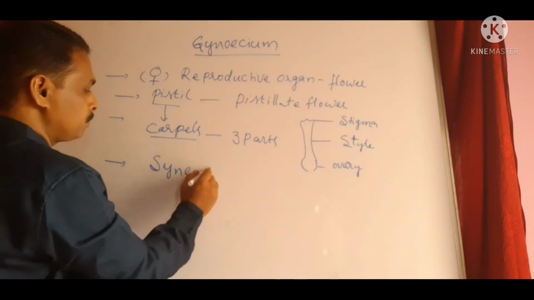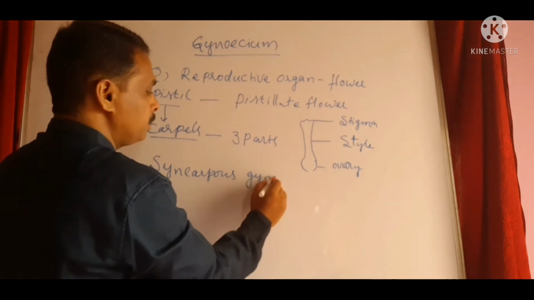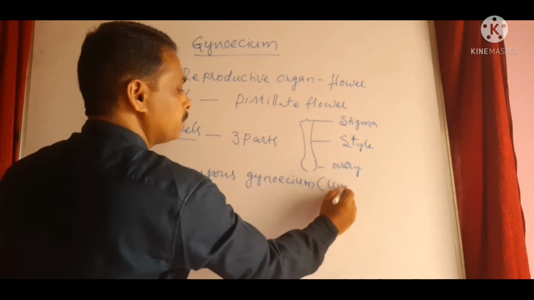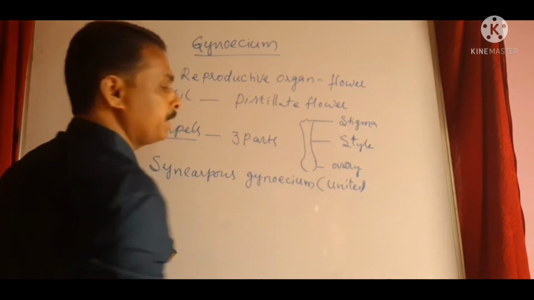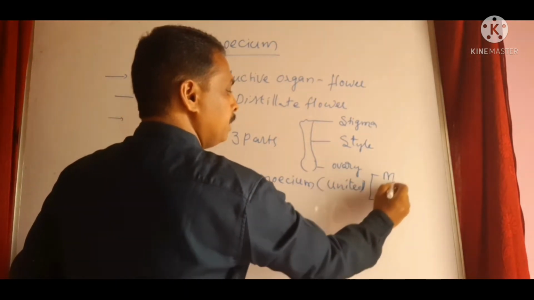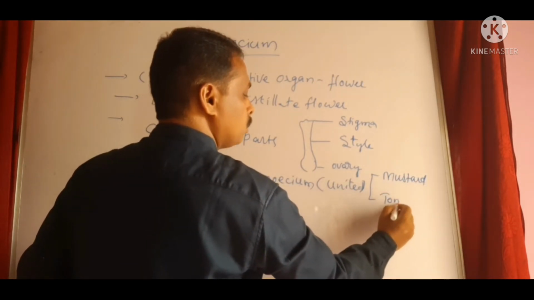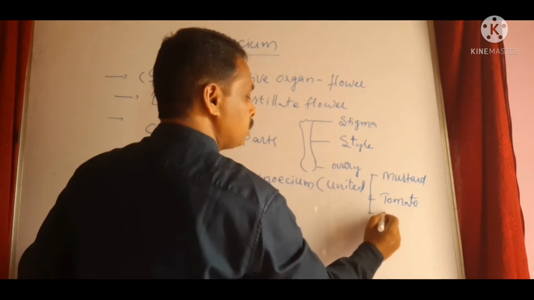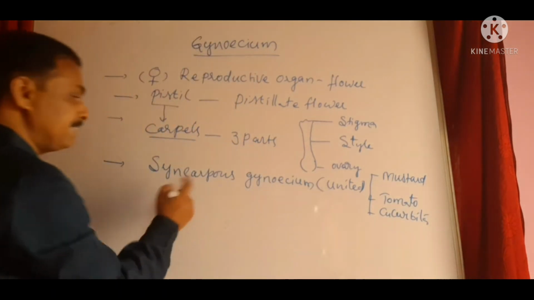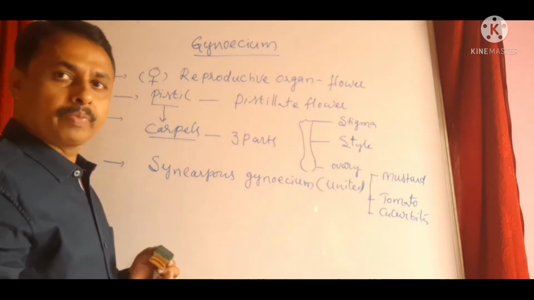They are not free, they are united. For example, we can keep MT: M means mustard, T means tomato, or you can also include Cucurbita. So these are examples for syncarpous gynoecium. Syncarpous gynoecium means the carpels are fused, united.